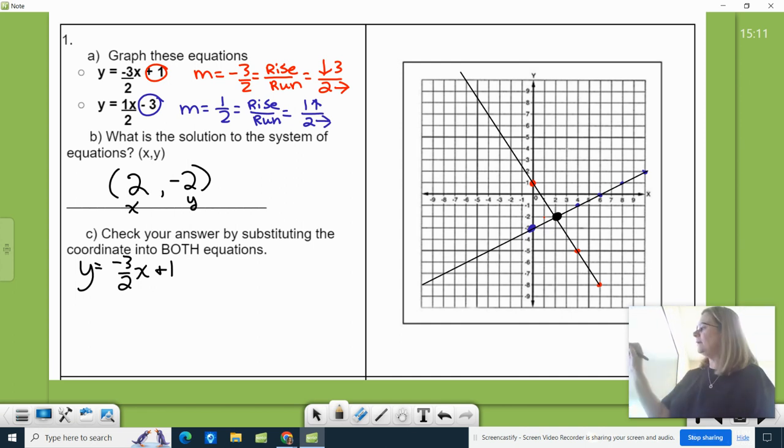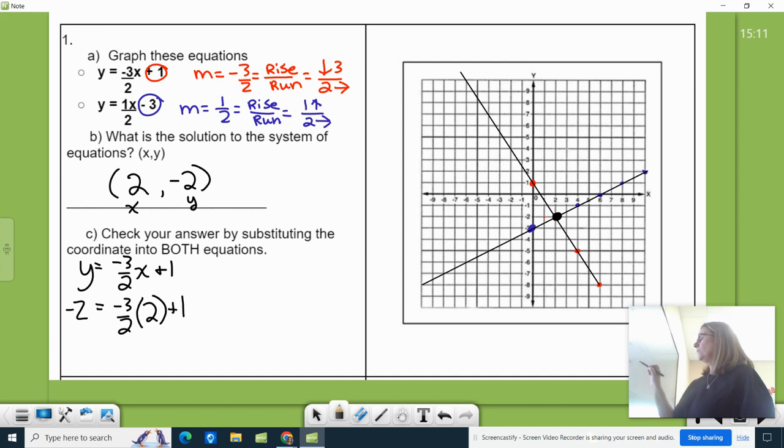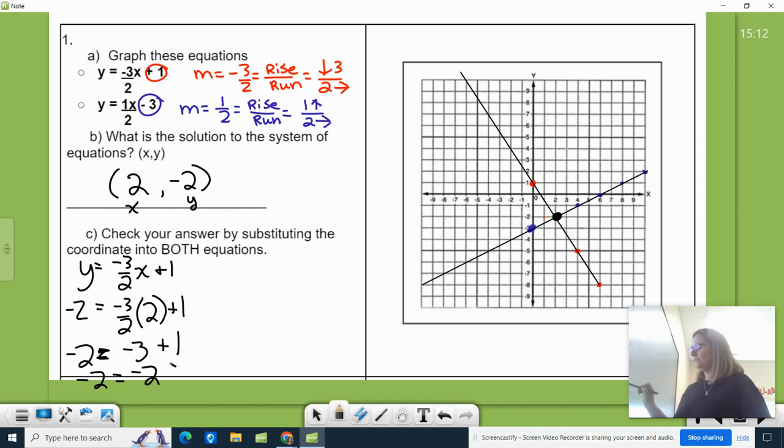So y is negative 2, x is positive 2. And you can use a calculator or you can multiply straight across. Negative 3 over 2 times 2 is negative 3 plus 1. And then negative 3 plus 1 is equal to negative 2.